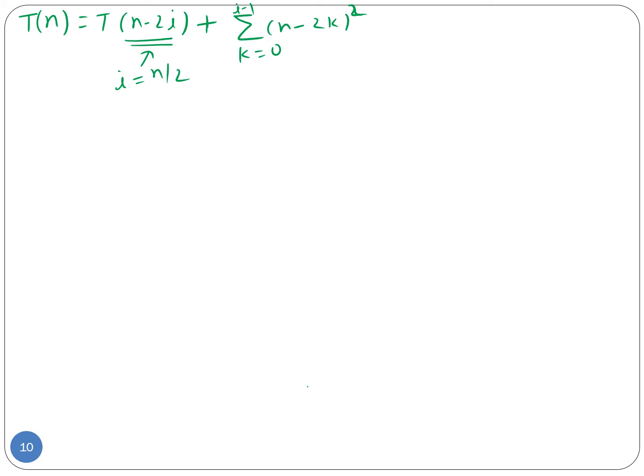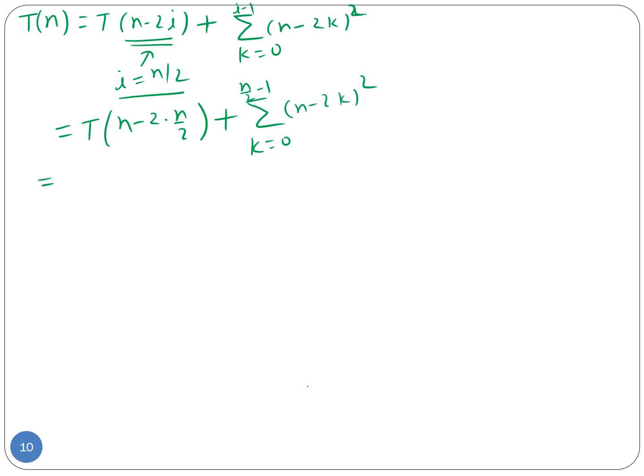So let's substitute this value of i here. We get T(n) is equal to T(n minus 2 times n by 2), which is basically going to be T(0), plus summation k equal to 0 to n by 2 minus 1 of (n minus 2k) whole square. So let's expand this. T(0) is a constant which can be done in constant time, and this would be summation k equal to 0 to n by 2 minus 1 of n square minus 4nk plus 4k square.